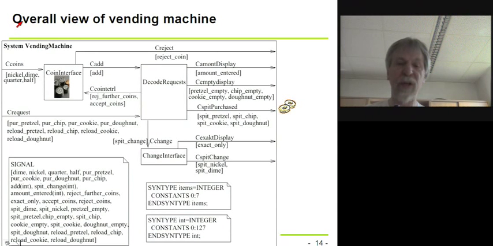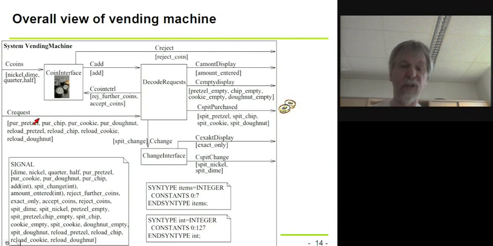So first of all, let's look at the top level of the hierarchy. Let's look at the system, which is the vending machine. In the vending machine, we have a number of blocks, including the coin interface, the decode request, and the change interface. They are linked with each other via channels, so we have one channel that goes into this coin interface.